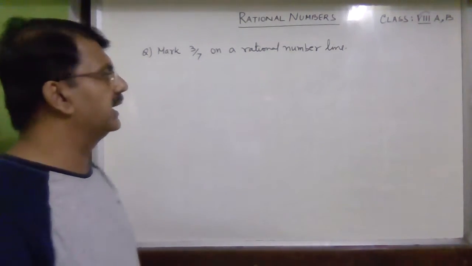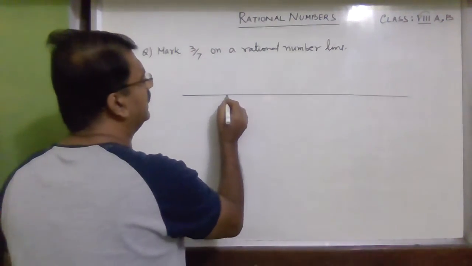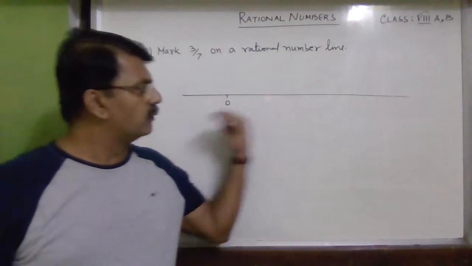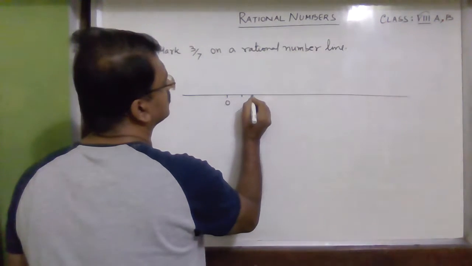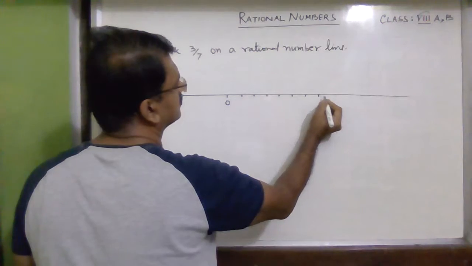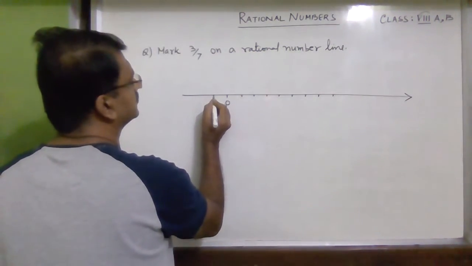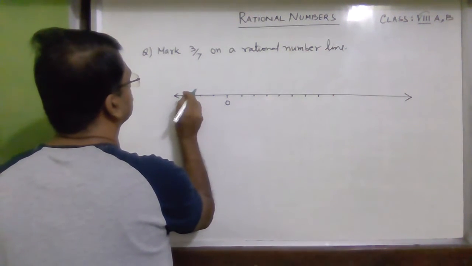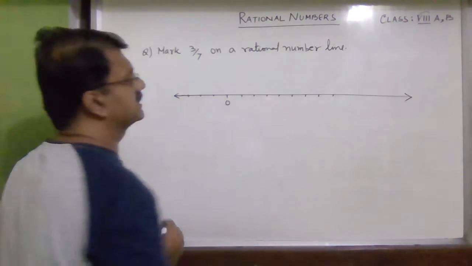So what we do, pay attention. This is the number line, and as our number is positive, we need more distance on the positive side. Put an arrowhead there. Similarly on this side, an arrowhead there.